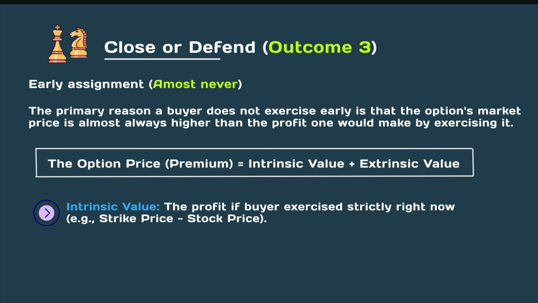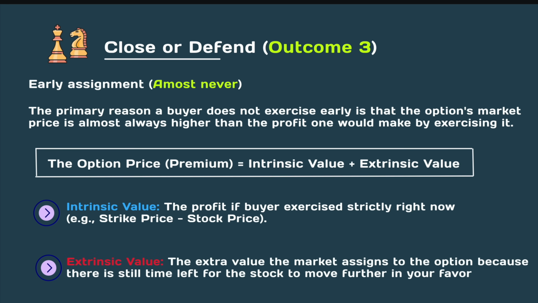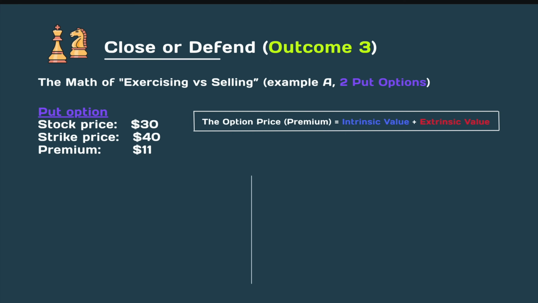By exercising early, the buyer is going to forfeit the extrinsic value, and remember that's the extra value that the market assigns to the option because there's still time value left for the stock to move further in the buyer's favor. So let me use example A to illustrate the math behind exercising versus selling or trading away the option from the buyer's perspective. In this case, in my hypothetical example, we're going to use two put options.